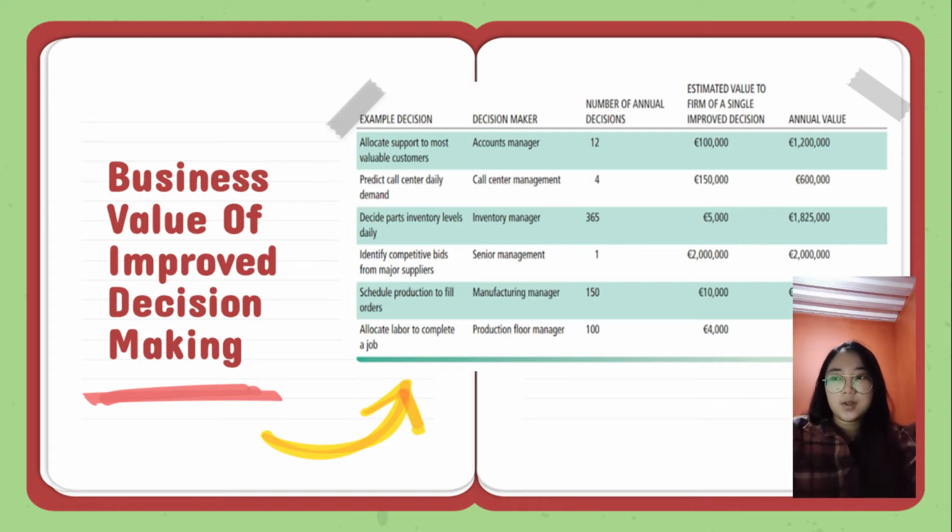From the table, you could also see number of annual decisions, and you could also see how a single improved decision value is estimated to a firm and the total of their annual value from each decision they make.